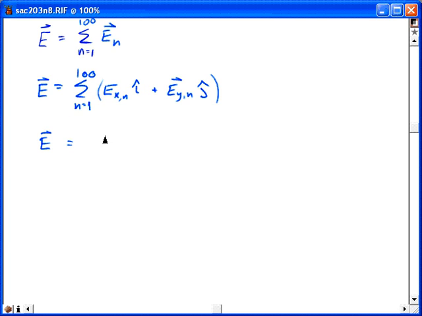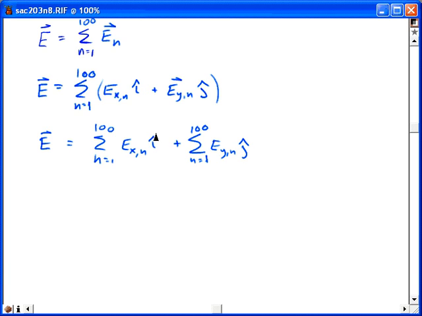In other words, I can distribute this summation sign: the sum from n equals 1 to 100 of E_x,n times i, plus the sum from n equals 1 to 100 of E_y,n times j.